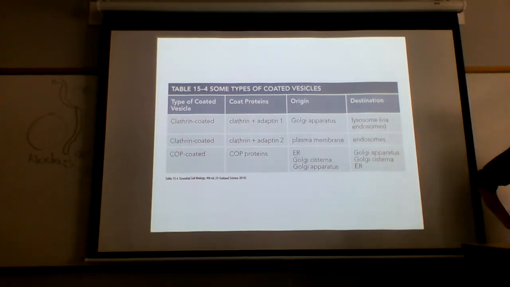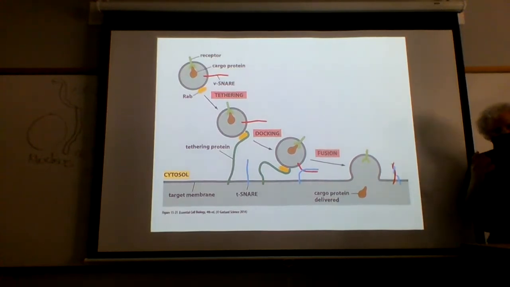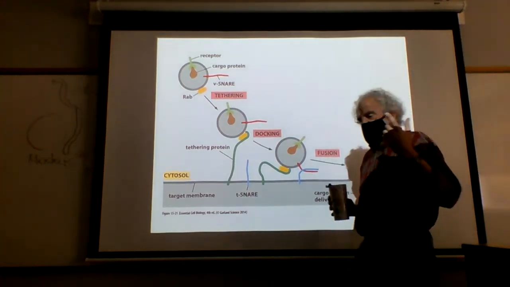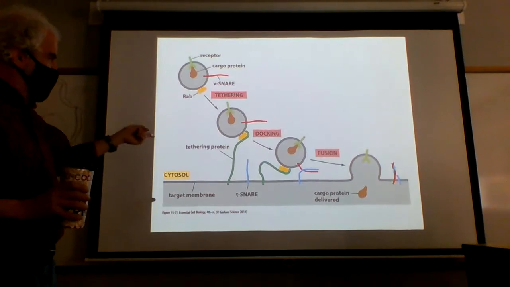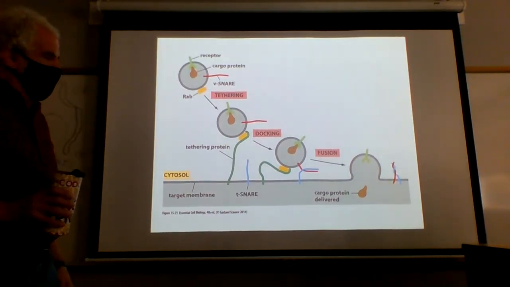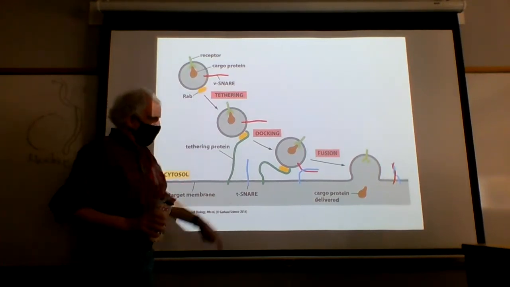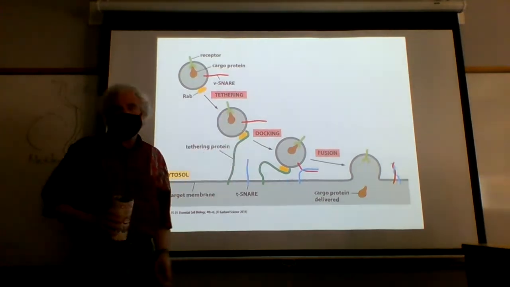So there are a whole range of coated vesicles. We need not worry about them, but there you go. There is, in fact, a whole system involved in targeting these different vesicles as well. Turns out that one of the first identifications of what are known as SNAREs, the T-SNARE, which is on the target, and the V-SNARE on the vesicle, are responsible for specifically bringing vesicles to certain spots.